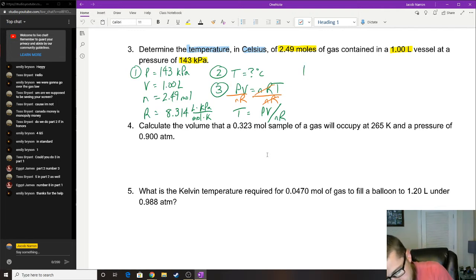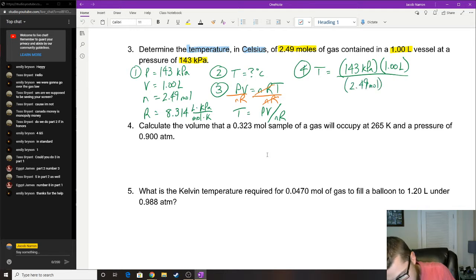Step number 4, plug all this in. T is what I'm looking for, so I'm just going to rewrite it. Pressure is 143 kilopascals. Volume is 1.00 liter. And I'm going to divide by number of moles, which is 2.49 moles, times R, which is 8.314 liters times kPa divided by moles times Kelvin.